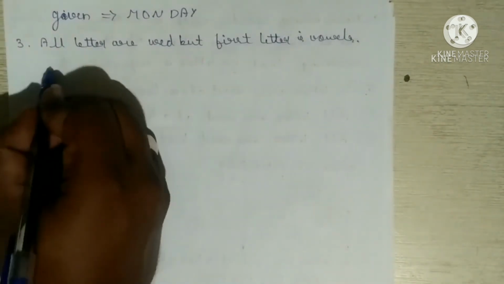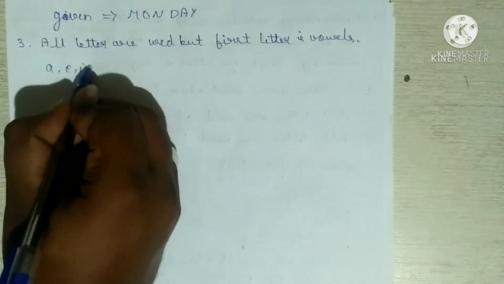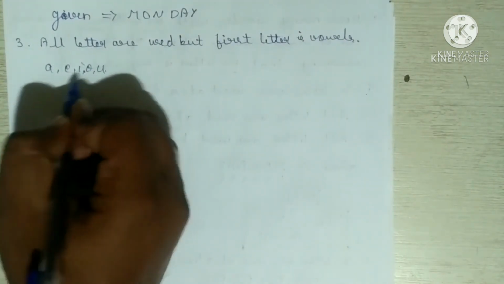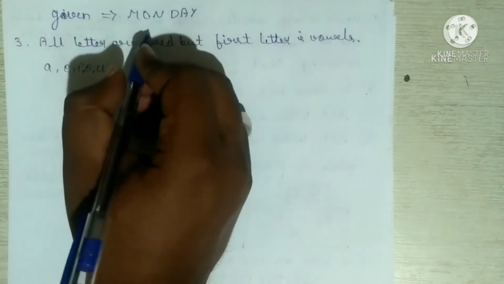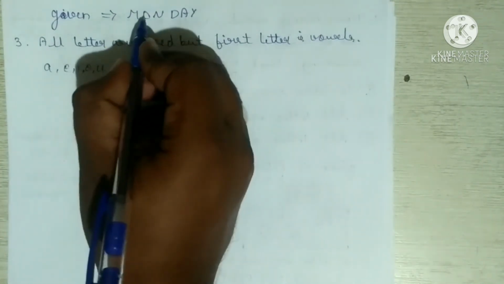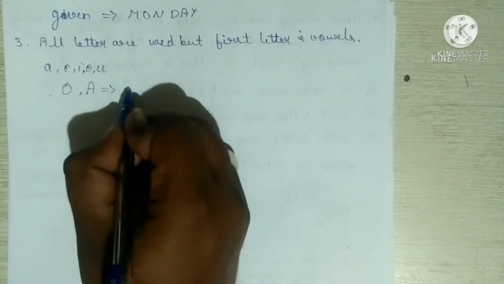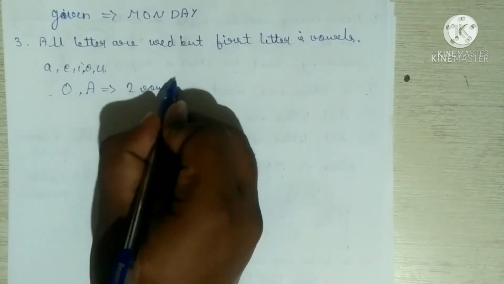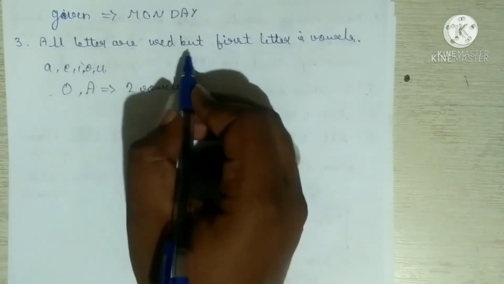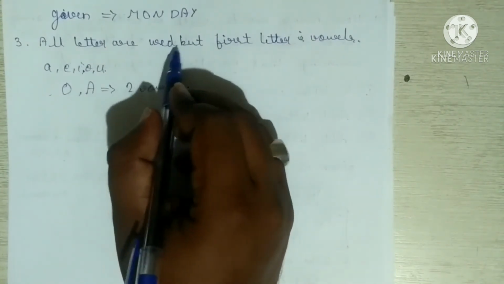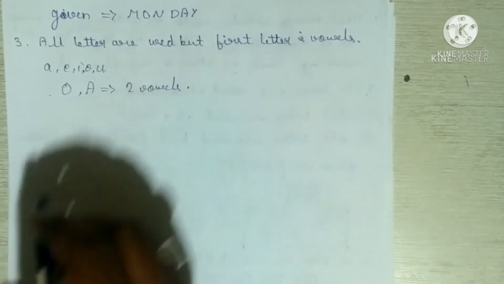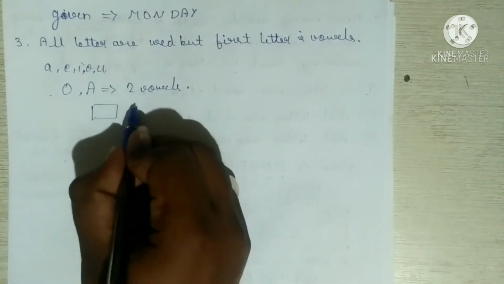Vowels are A, E, I, O, U. According to the given word, Monday consists of two vowels, O and A. All letters are used, but the first letter is a vowel. All letters means we have to find 6.